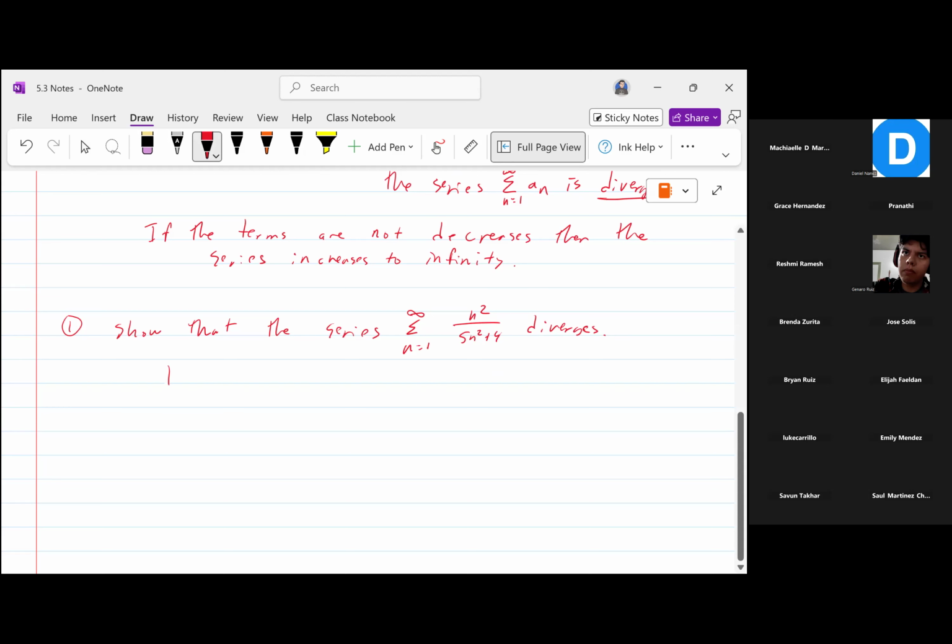So I want to look at the nth term, the limit as n goes to infinity of n squared over 5n squared plus 4. I'm going to use L'Hopital's rule on this. So the limit as n goes to infinity of 2n over 10n, n's cancel, I'm just left with 1/5, which is not equal to 0. It just says that, hey, you're going to end up adding 1/5 forever.